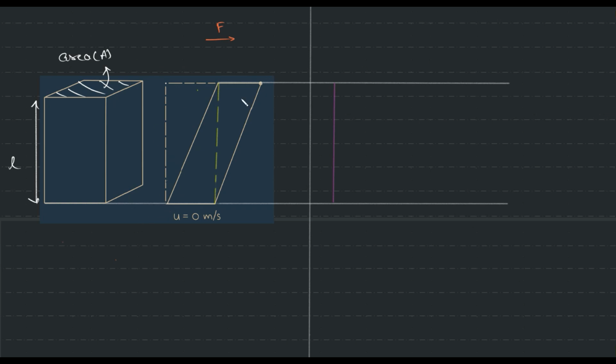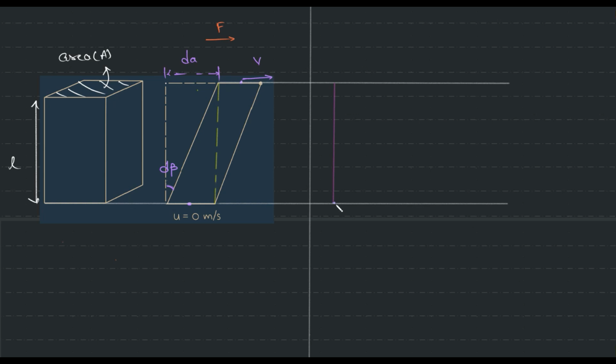I have to measure this, and I can talk about it with the help of the angle dθ. It moved by an angle of dθ, and this length we'll consider as dx. The particle over here, the topmost layer, is moving at velocity v, and the particle over here is not moving at all, so it's 0.